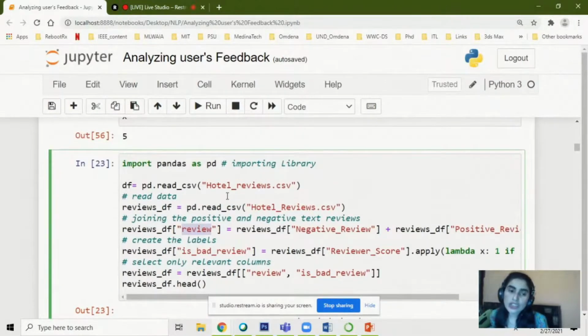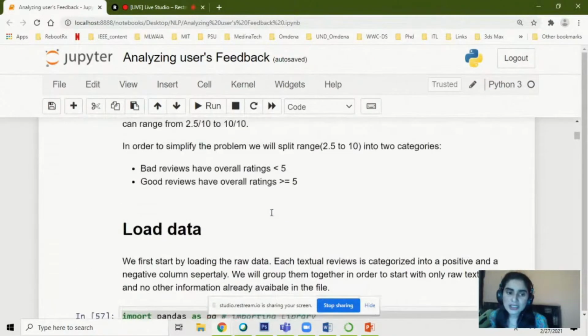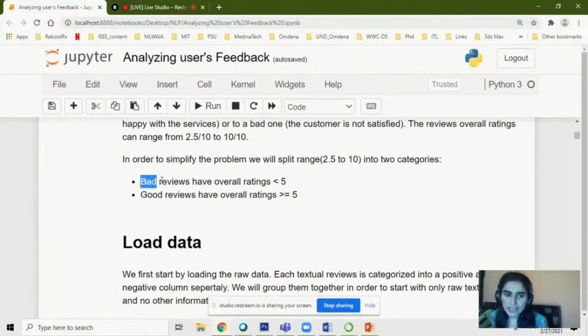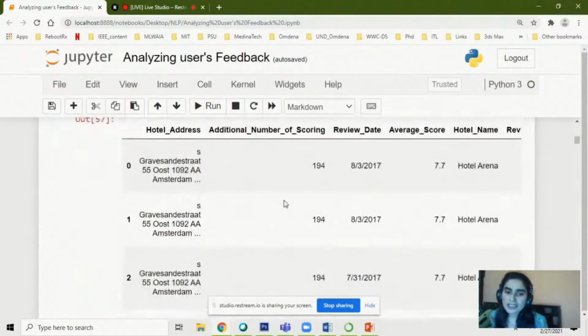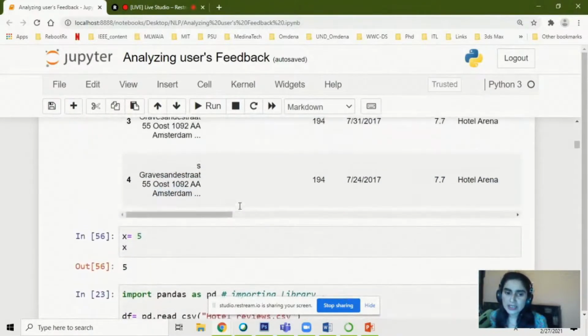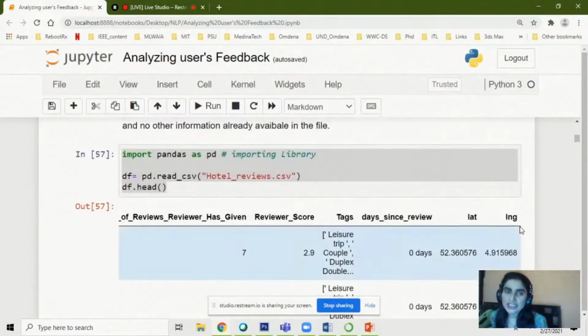All right. So next, I need to add the bad review labeling and good review labeling. In my dataset, these values do not exist, which means my dataset is not labeled. You must have heard that when we use a supervised learning model, we need to have a labeled dataset.